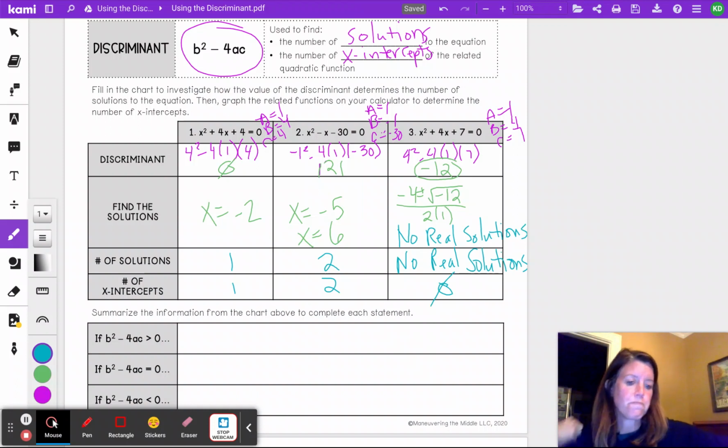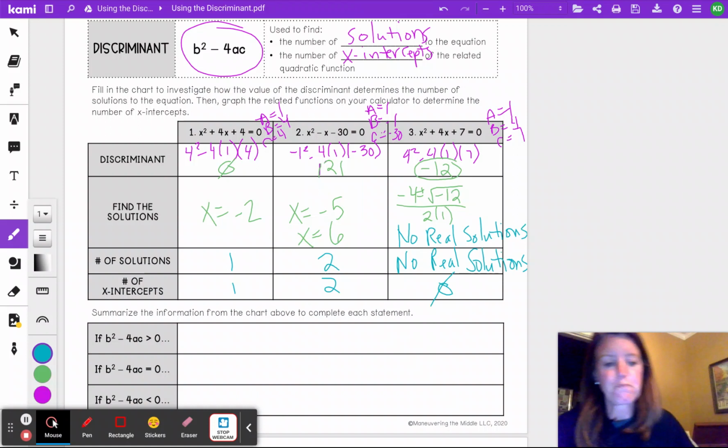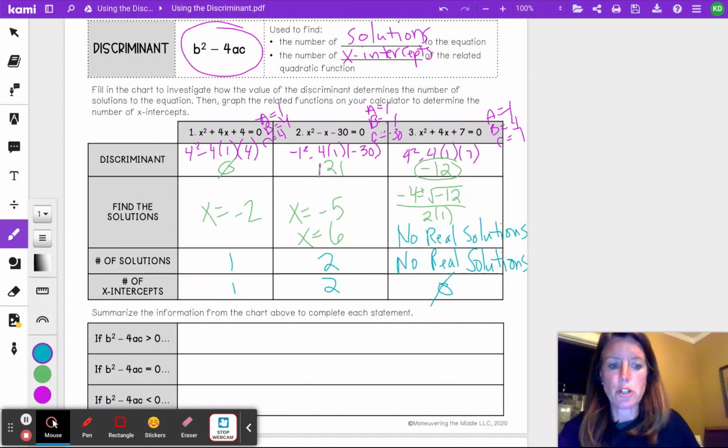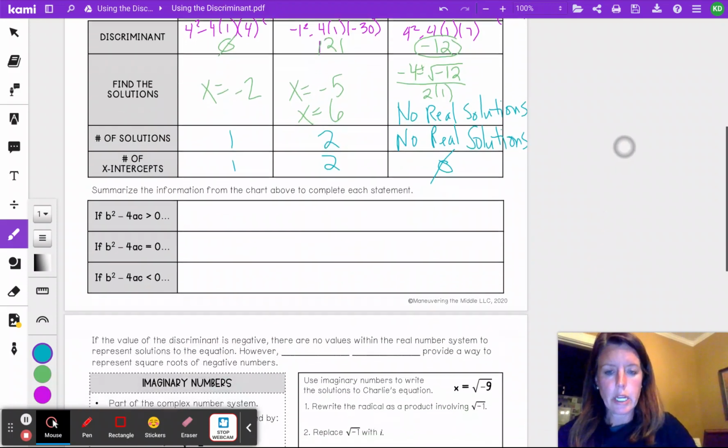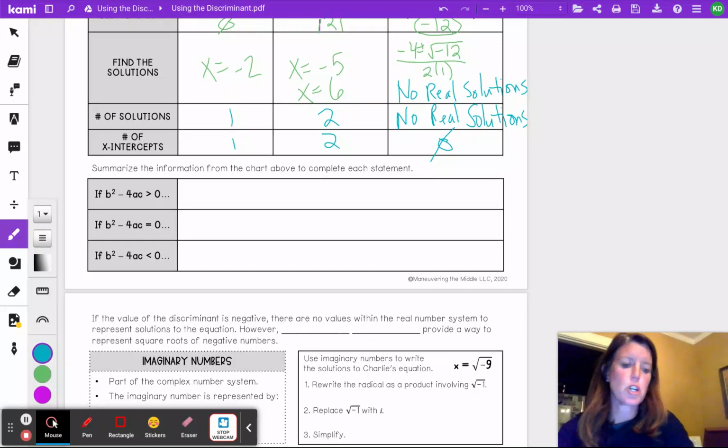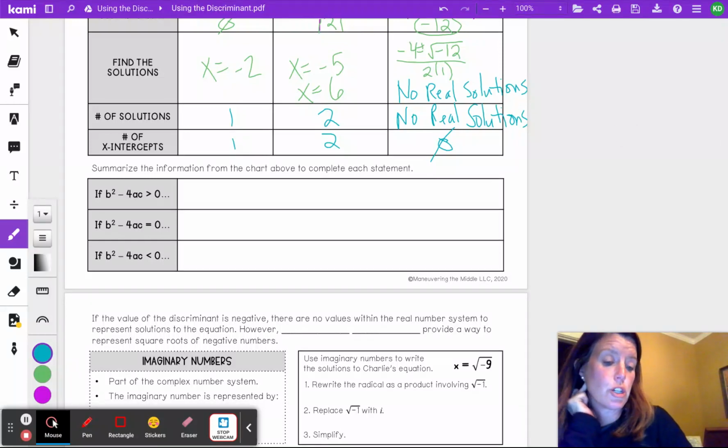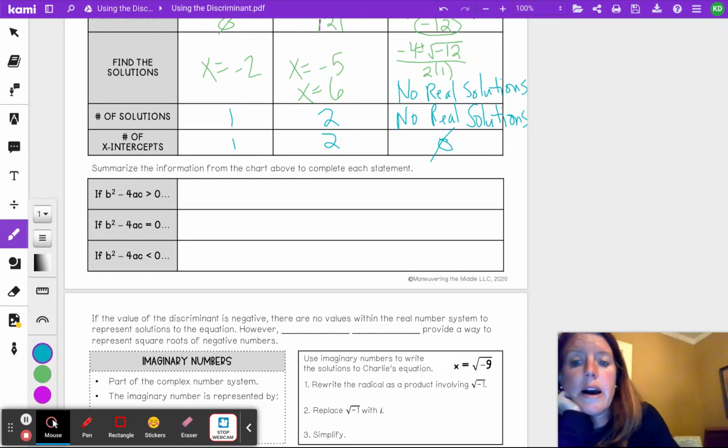All right, so let's think about what these numbers mean. I'm going to go out of order in this next chart. Whenever your discriminant equals 0, there is one solution and 1 x-intercept.